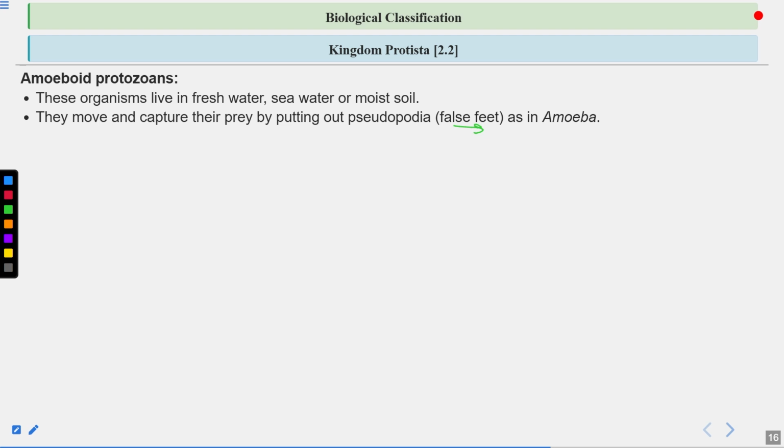It can form pseudopodia, the false feet, and by forming pseudopodia, it can engulf any other smaller organism, or the food particle, or the prey. Now marine forms have silica shells on their surface.